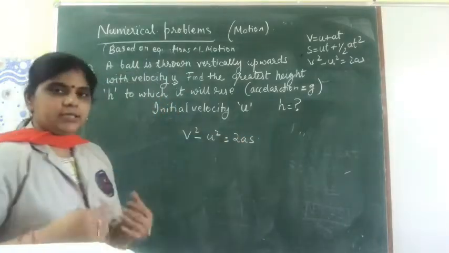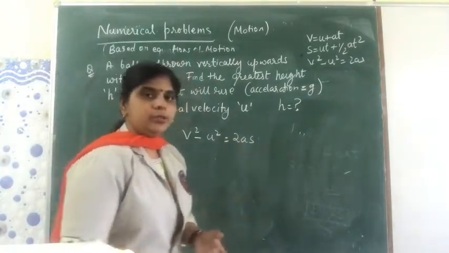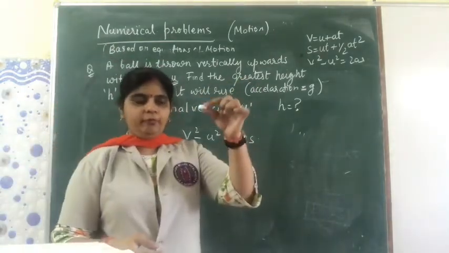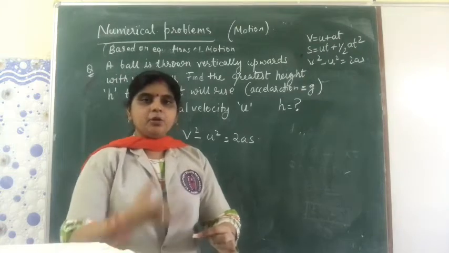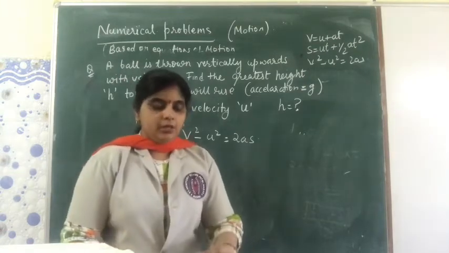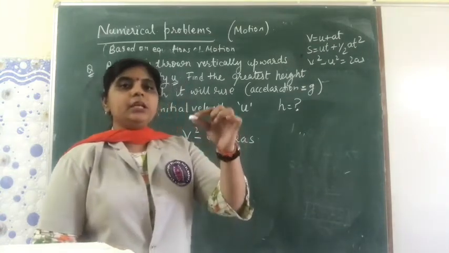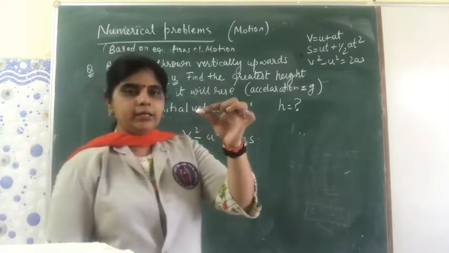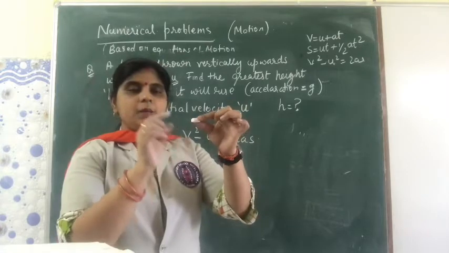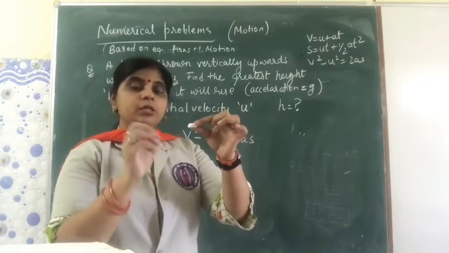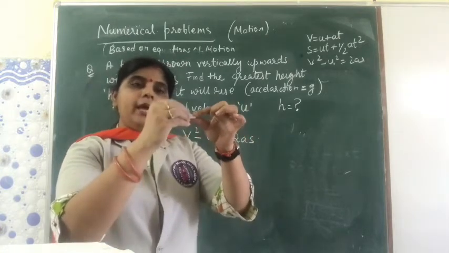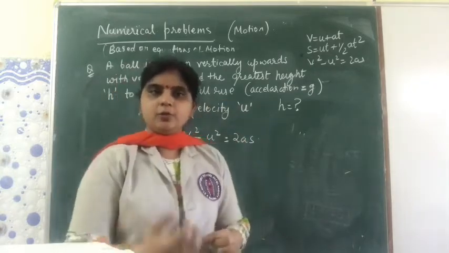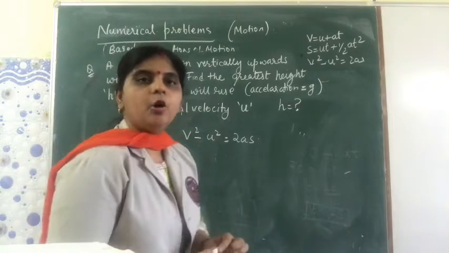Now once again, just try to understand the question. You are throwing a ball upwards. Whenever you throw an object upwards, because gravity is pulling down, its speed will go on decreasing. At the highest point, its velocity becomes 0, and then it starts coming down because of the pull of the earth.